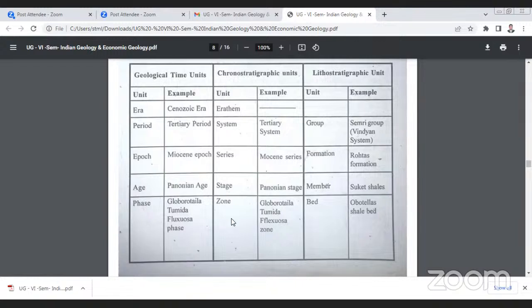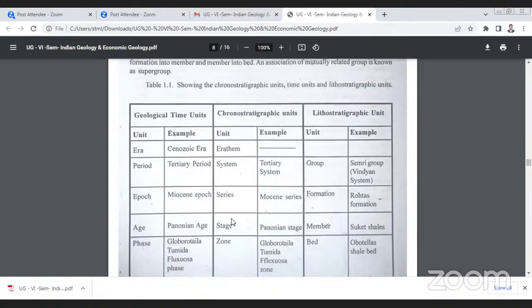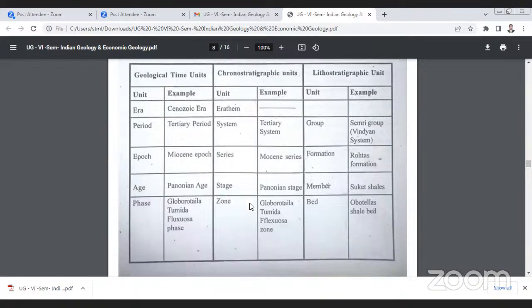Now we see the chronostratigraphic units. Here, era is equivalent to erathem, period is equivalent to system, epoch is equivalent to series, age is equivalent to stage, and phase is equivalent to zone. Again, there are some examples as given here.